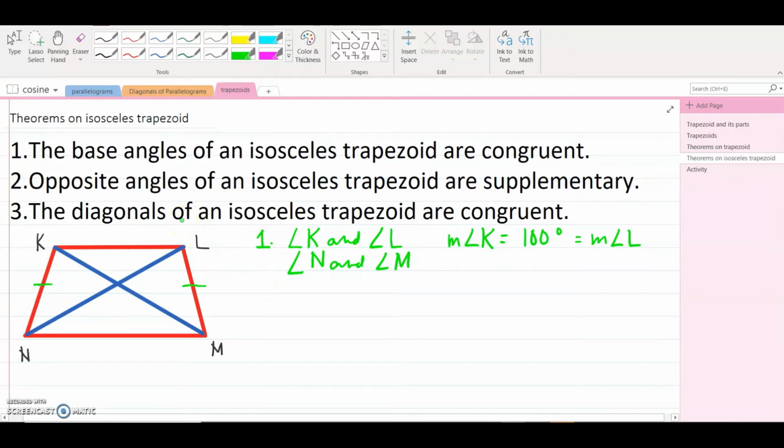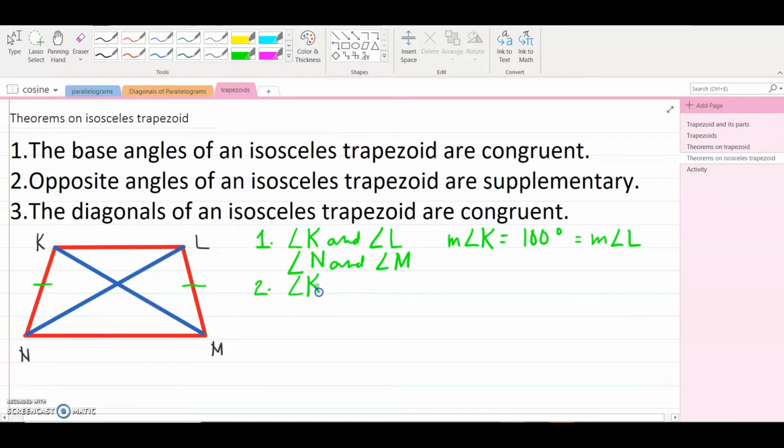opposite angles of an isosceles trapezoid are supplementary. So we're going to use the same information that we have for number 1. The measure of angle K is 100, so is the measure of angle L. Now, angles K and M are opposite angles, so let us put it here.